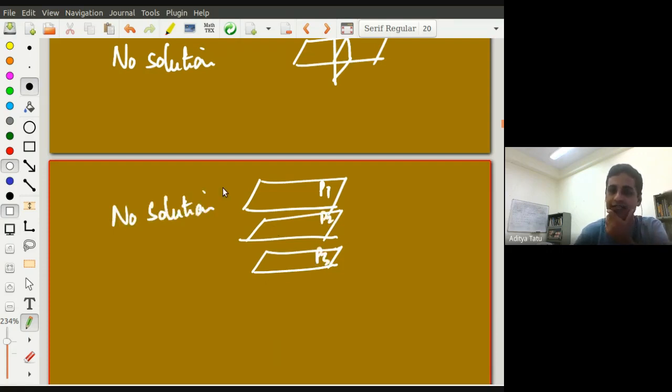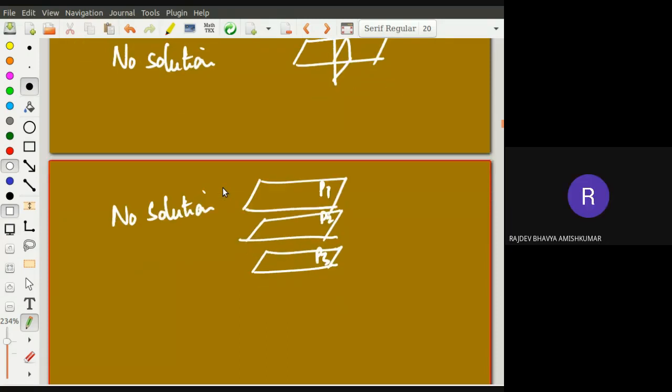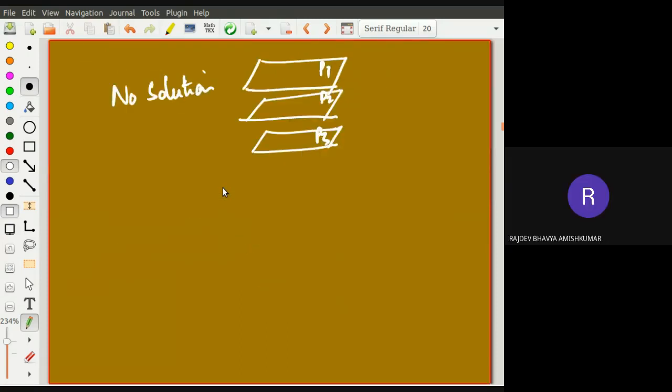Any other case where you have no solutions? The three planes form a triangle. Good.